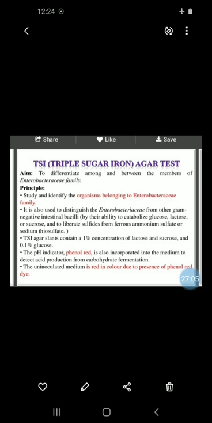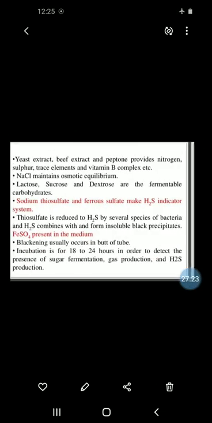The uninoculated medium is red in color due to the presence of phenol red dye.